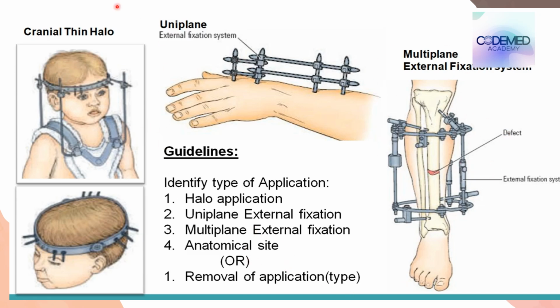And then we have a halo application, that is also one of the important things. Pay attention to the anatomical site, and are you introducing and/or are you removing? Most of the codes, especially as far as the external fixation device is concerned, have introduction and removal in one code. So I'm going to give you a snapshot of that so that you will understand.